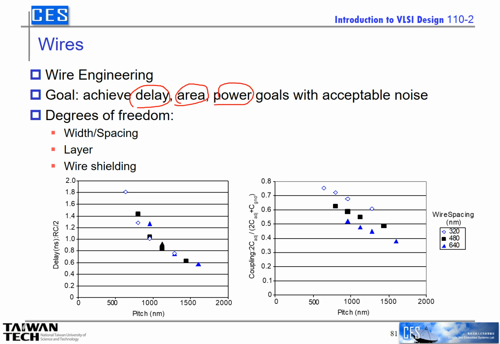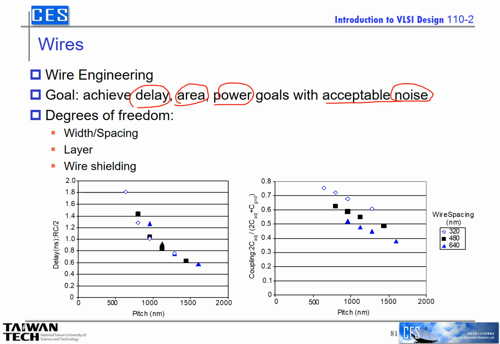We end up with an acceptable noise, the crosstalk level. So in general we call this wire engineering. We try to achieve the goal of delay, power, and acceptable noise by specifically designing the wires.